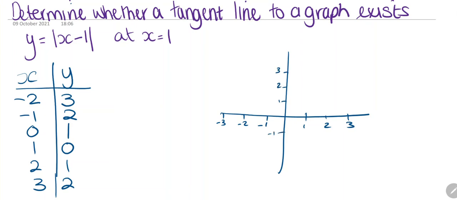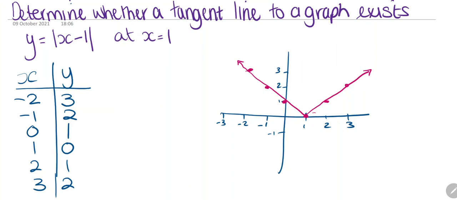So -2, 3, and -1, 2, 0, 1, 1, 0, 2, 1, 3, 2. So this graph is going to do this. So we can look at this graph and we can say, well, actually, a tangent line was actually happening here.